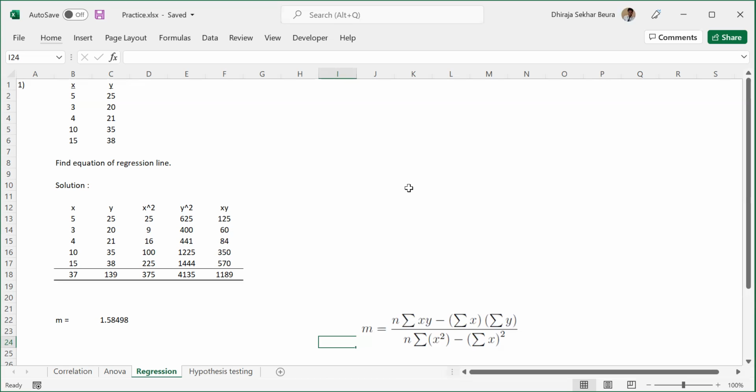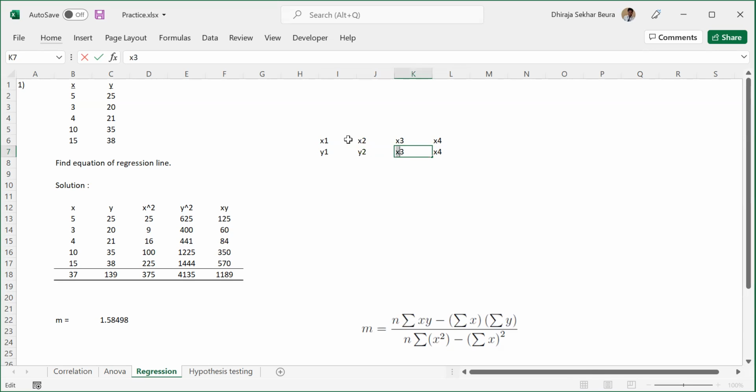So imagine there are x1, x2, x3, x4, and there are y1, y2, y3, y4.